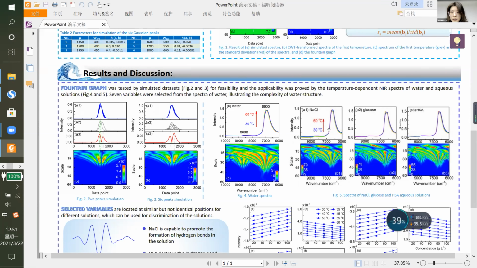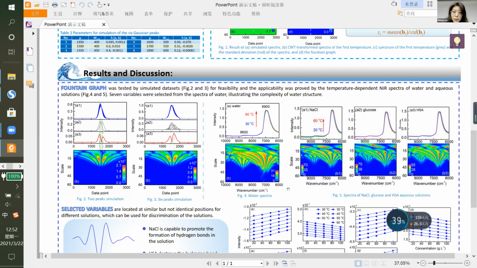And then we used it for sodium chloride, glucose, and HSA solutions. The spectra of these are also varied by the temperature. Using this method, we can get the fountain graph in the sub-feature. We can see there is little difference between the water spectrum and the solution spectrum.